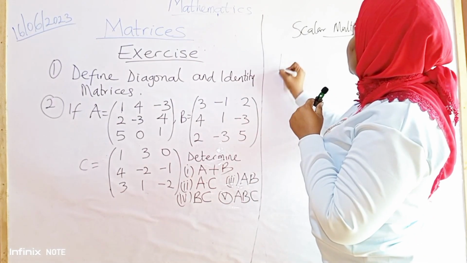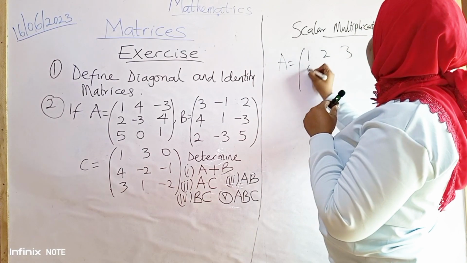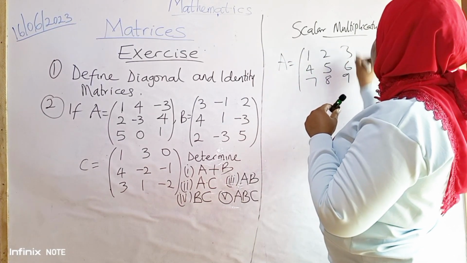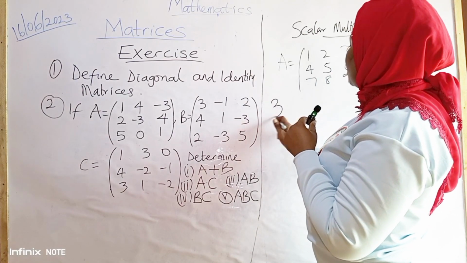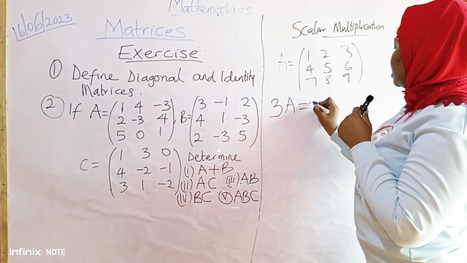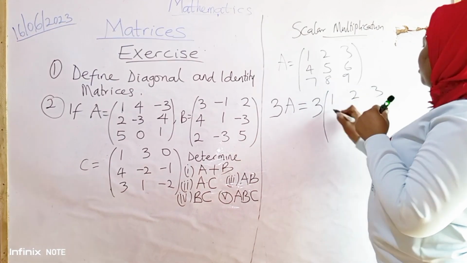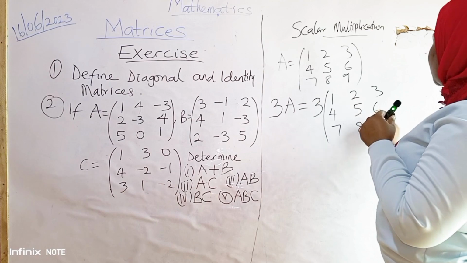So let's say matrix A is equal to 1, 2, 3, 4, 5, 6, 7, 8, 9, and you want to multiply it by 3. It's the same thing as 3 multiplied by 1, 2, 3, 4, 5, 6, 7, 8, 9.